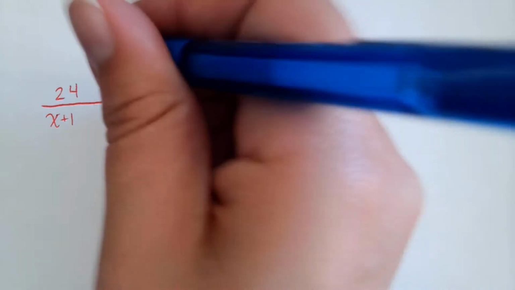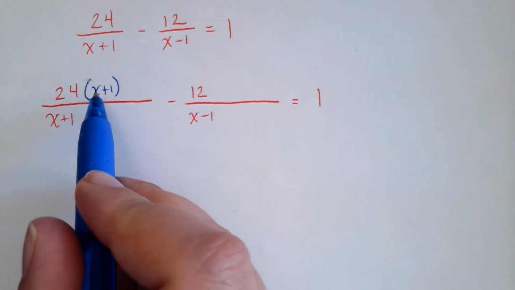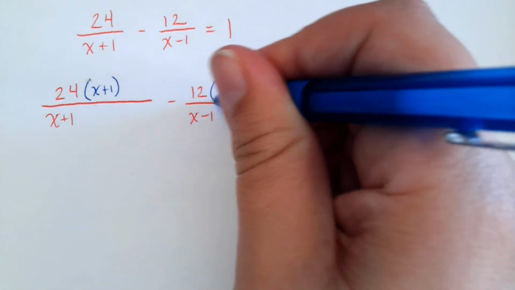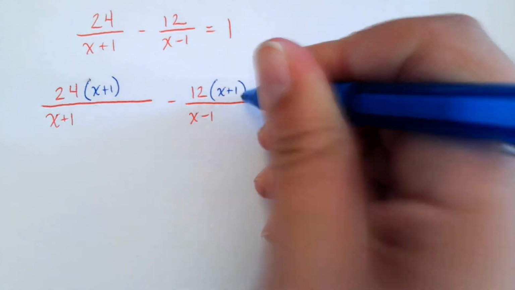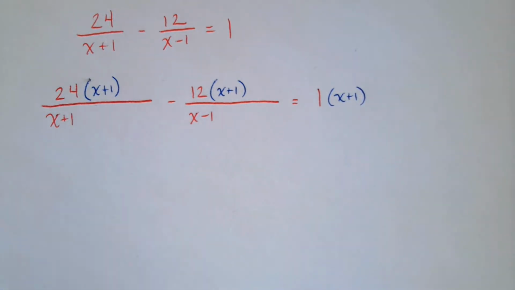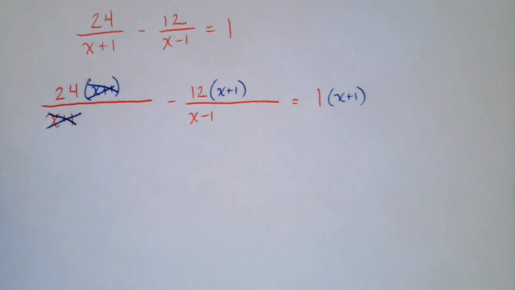The way that I would cancel that is by putting an x plus 1 in the numerator. But if I'm doing that here, in order to keep the equation balanced, I have to put that everywhere. So I'm going to put an x plus 1 here and an x plus 1 here. And now this cancels just like we wanted it to.